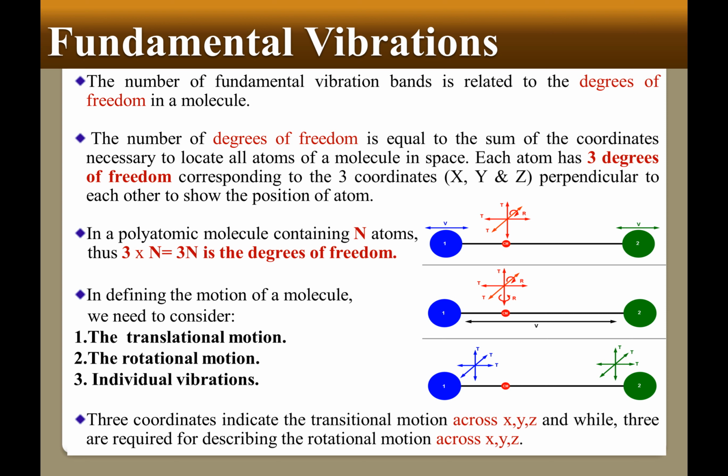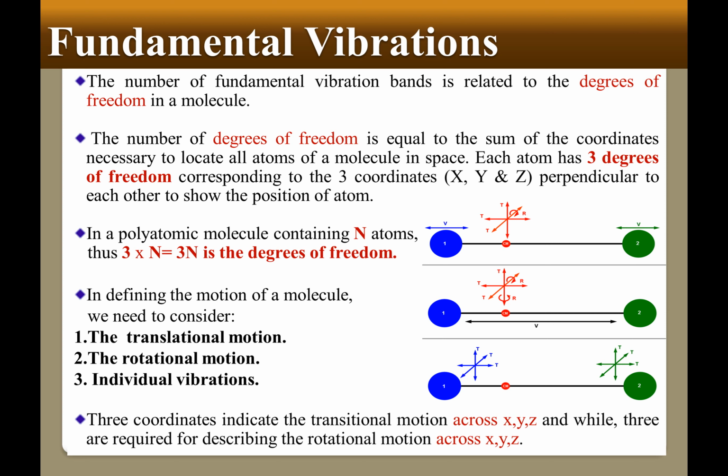We generally always give xyz coordinates to show the position of any atom in space. In a polyatomic molecule containing n atoms, you have 3n degrees of freedom.